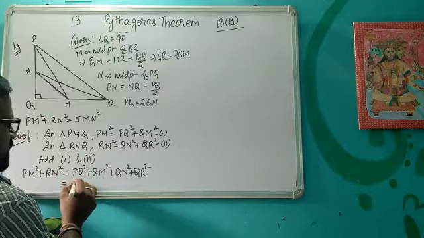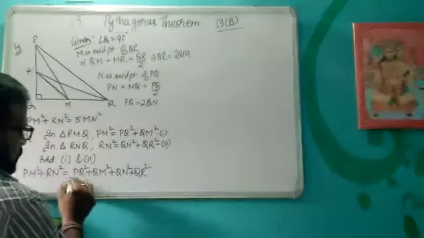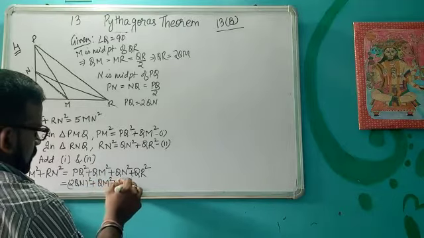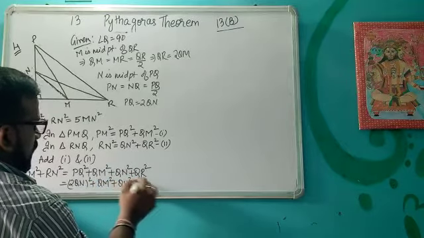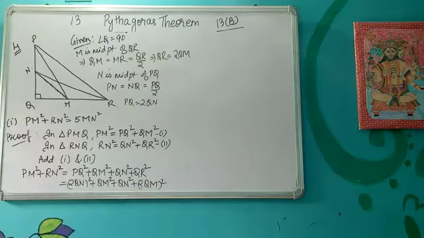So we will replace it here. PQ equal to 2 QN whole square and QR equal to 2 QM whole square. Okay.